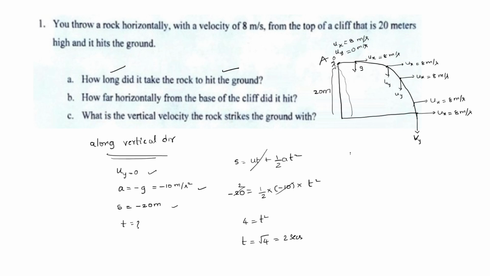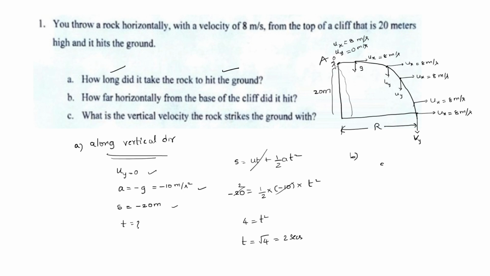And B question, how far horizontally from the base of the cliff did it hit? That means we need to find the range. Now range is something which is confined to the horizontal direction. That means here we need to use the velocities and displacements which are in the horizontal direction. So to find range, range is nothing but displacement.